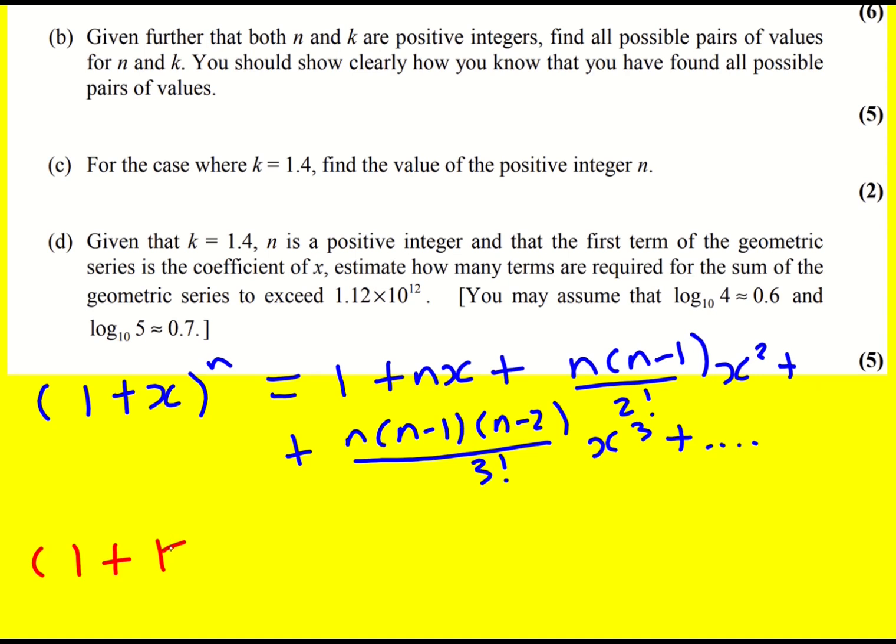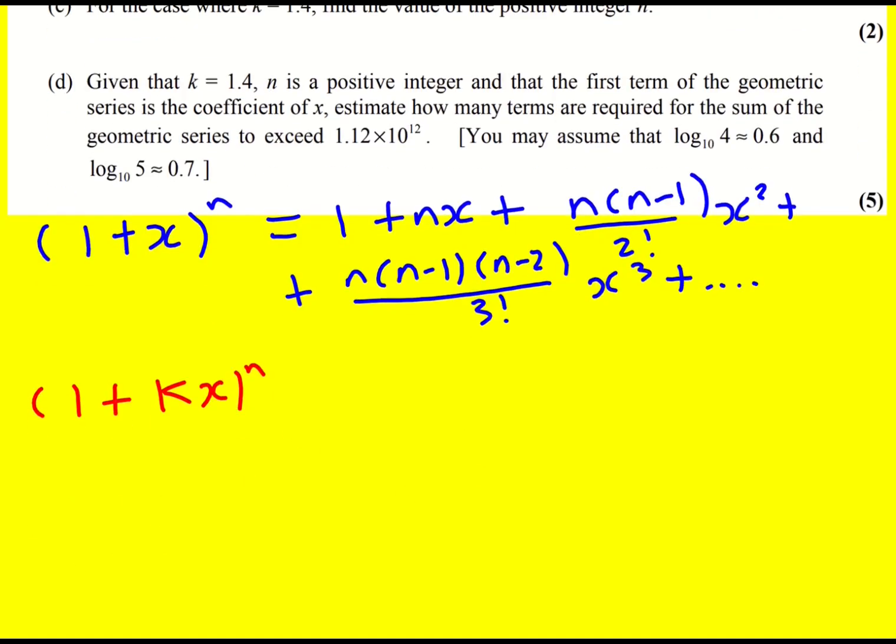If it's (1 + kx)^n, it's the same thing, but you just have to replace all your x's by kx. So here goes, it's going to be 1 + n times kx plus n(n - 1) over 2. 2 factorial is just 2, so I can just write it like that now. And then (kx) squared.